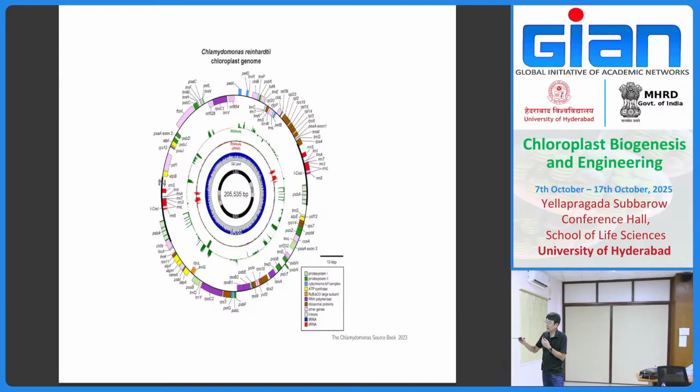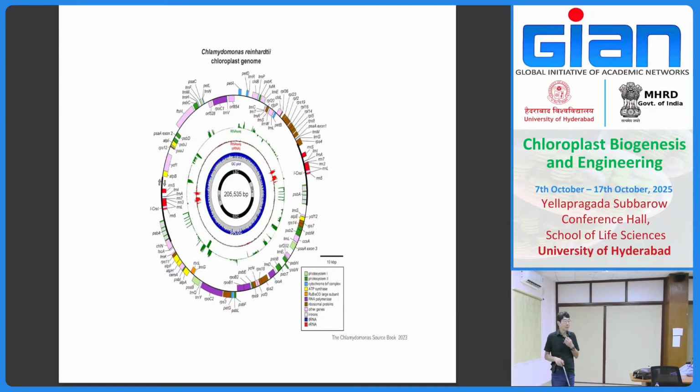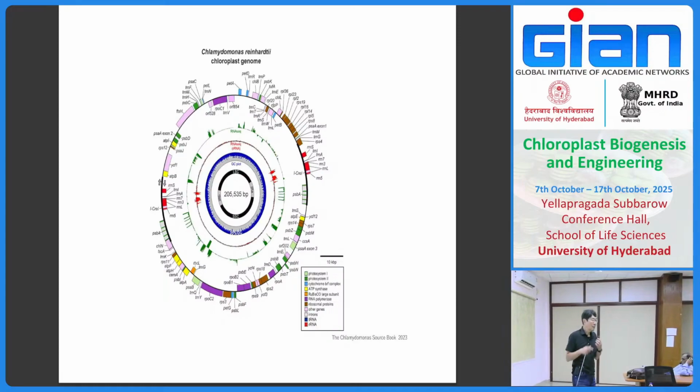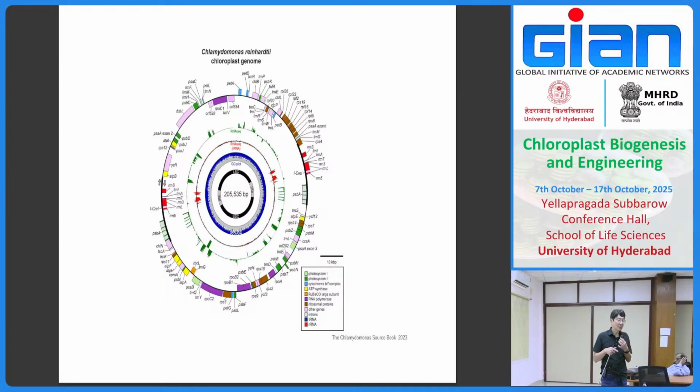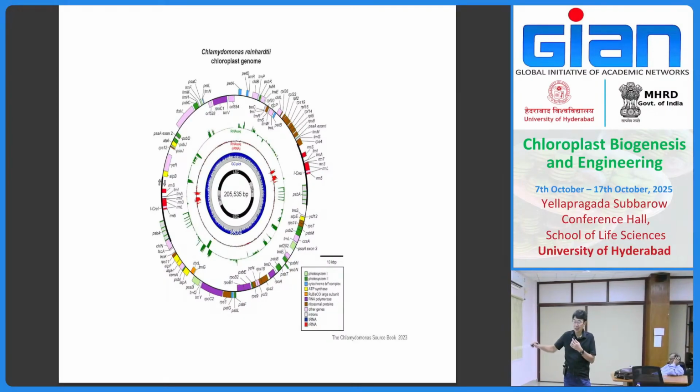Some subunits are encoded by the chloroplast, and the subunits encoded by the chloroplast are very often the essential subunits containing catalytic sites.